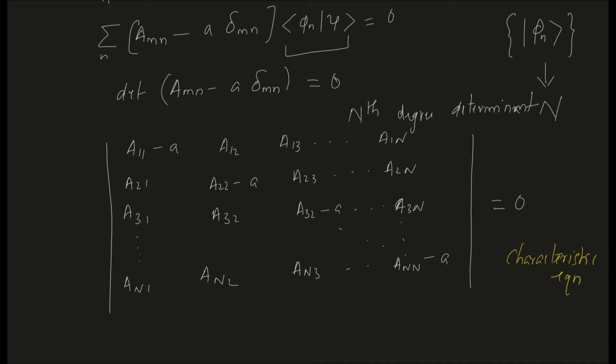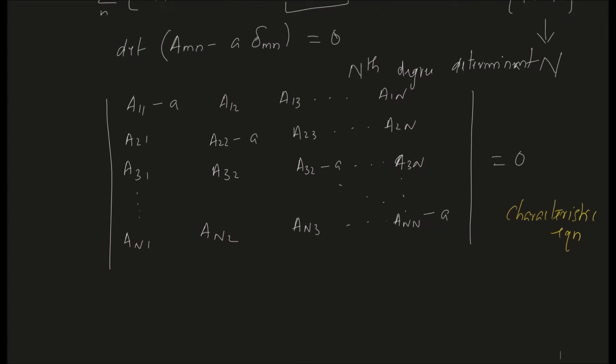Okay, so the solution of this equation will yield capital N eigenvalues. What are those eigenvalues? a1, a2, a3, etc., up to aN.